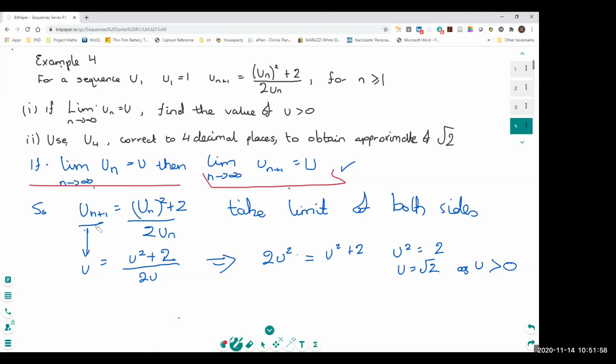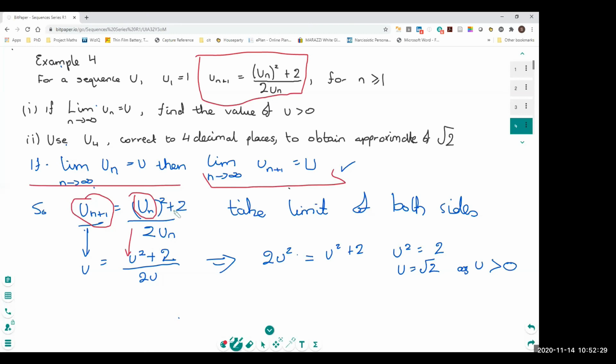So what we do is we take the limit of both sides of the equation. So we have u, and it's this equation here that we were given. So we take the limit of both sides of it. We start with the first part here, u of n plus 1. What's the limit of that? Well, we know it's u. What's the limit of u of n squared? Well, we know that the limit of u of n is u, so that's squared, so that becomes u squared.